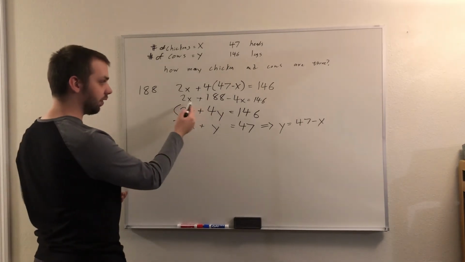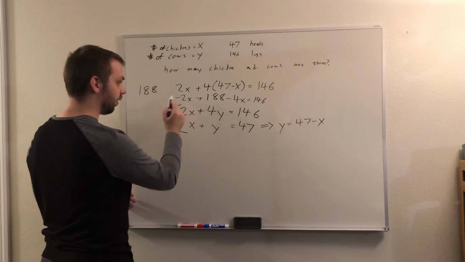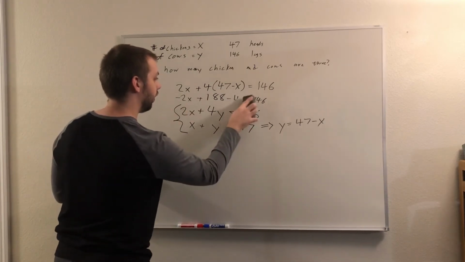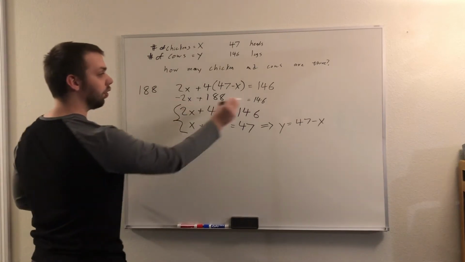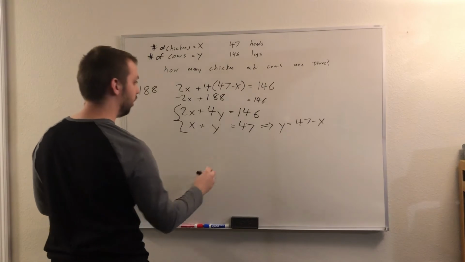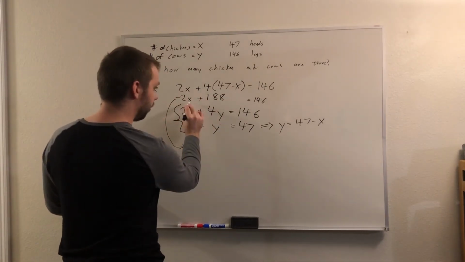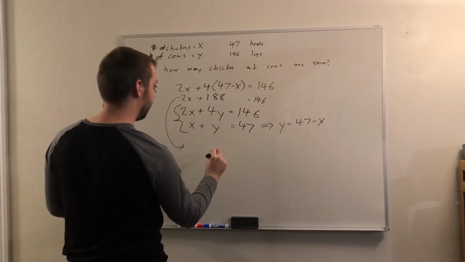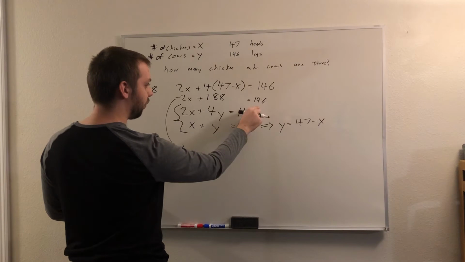Let's combine these: 2 minus 4 is negative 2. Now let's add 2x to this side and subtract 146 from both sides. So we're going to move the 2x over so it's on its own side, and then we're going to take 188 minus 146.